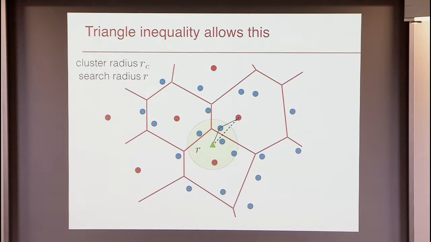So we only need to search the clusters that have centers within that distance, r plus r sub c, of the query. Now, the big caveat here is that not all distance functions obey the triangle inequality. And in fact, many of the natural ones we want on string data do not obey the triangle inequality. So there's a little bit of potential loss of recall. But it turns out that this is rare and tends to be on the boundaries of the search thresholds wanted.